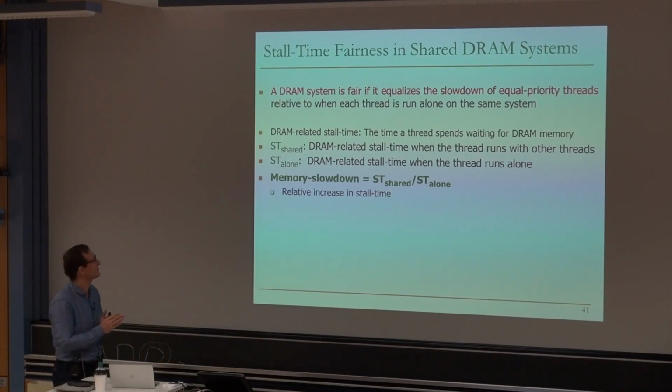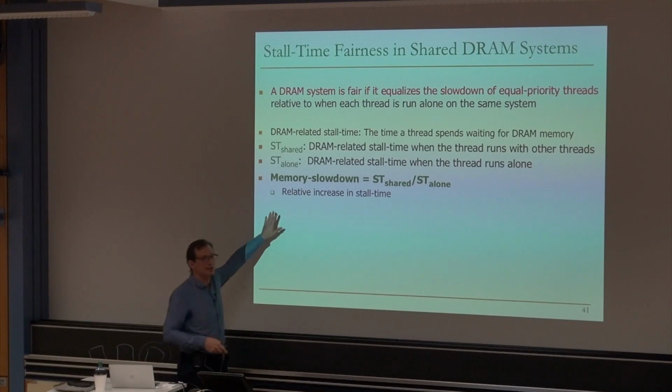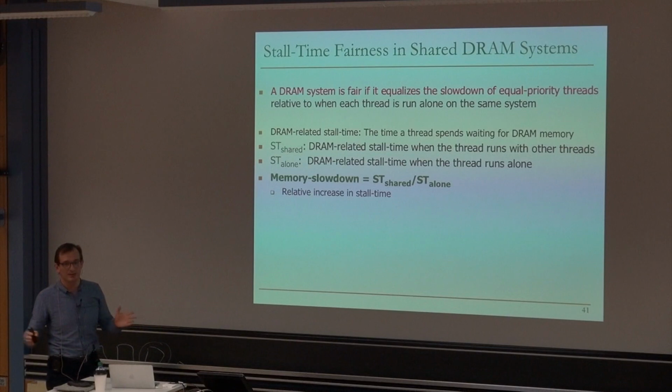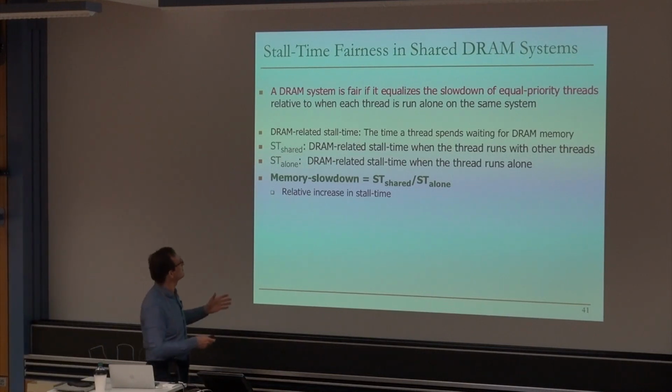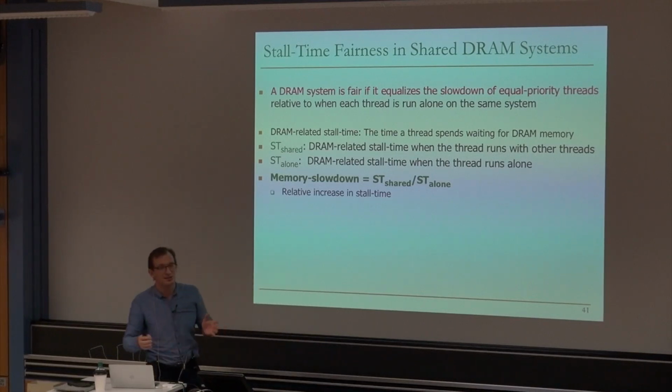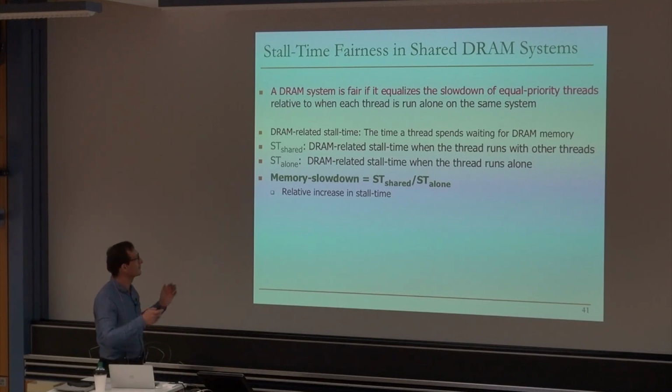Hopefully this is simple. And this is the relative increase in stall time. So basically, if a thread is running alone, it has a memory stall time alone of 1 second. When it runs together with some other thread, its stall time increases to 4 seconds. Its slowdown will be 4 divided by 1, 4. Right?